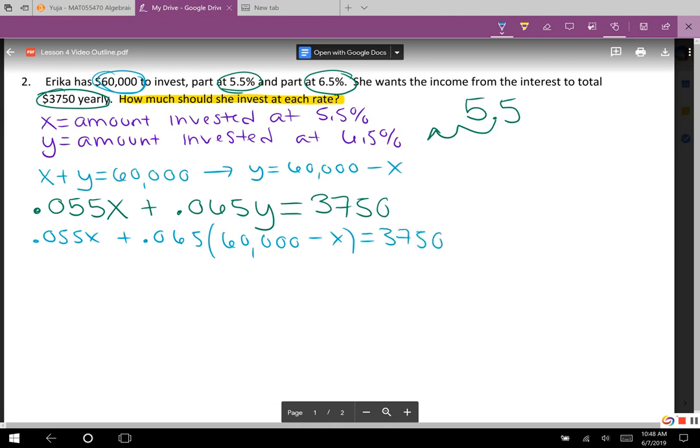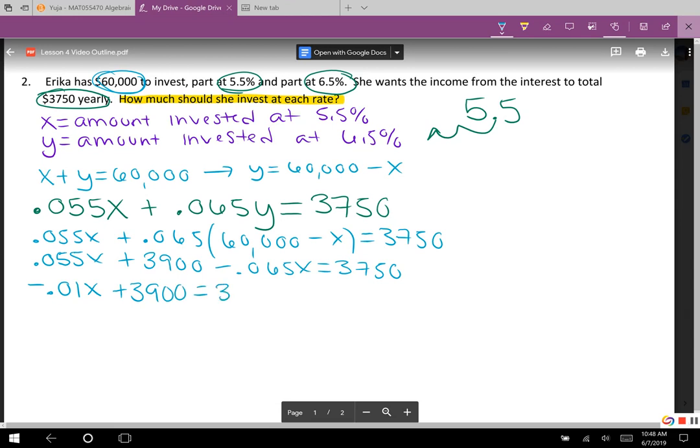So I distributed the 0.065, and then when I combine like terms, I get negative 0.01x. And then finally, I'll subtract the 3,900. So negative 0.01x equals negative 150. And we can divide to solve. Looks like x is going to be $15,000.